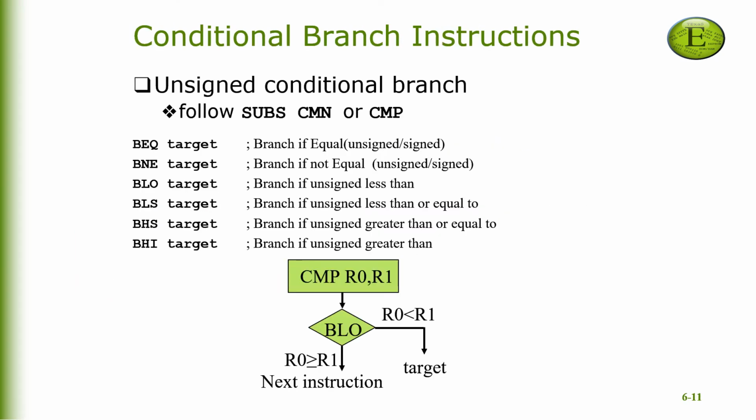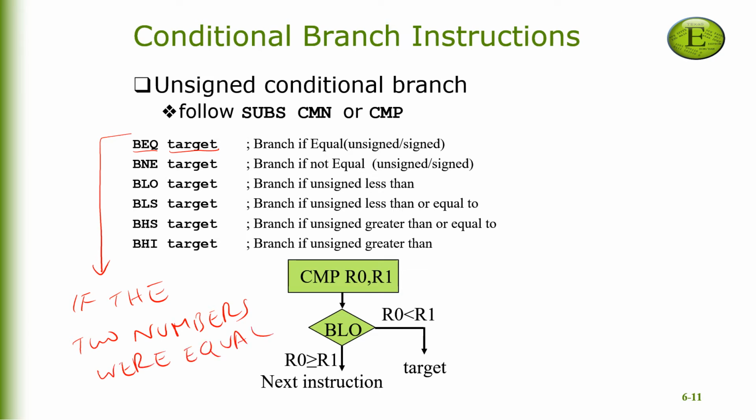We have different types of branch instructions, and the syntax is given. The first one is branch if equal, and then the target. It says that if the previous comparison found the two numbers were equal. And where do we compare?